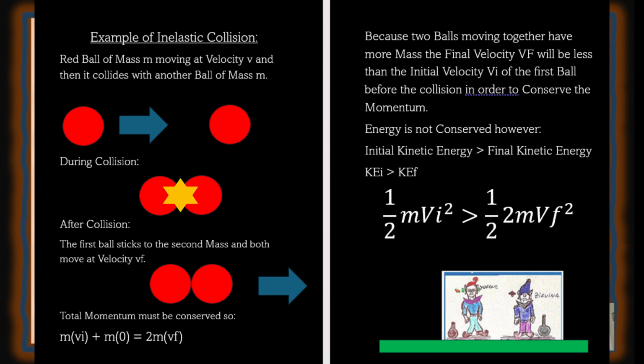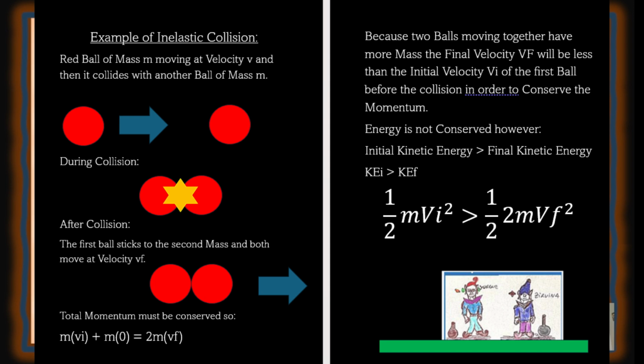Now, because you have two masses moving together, there's more mass, so Vf will be less than the initial velocity Vi of the first ball before collision, in order to conserve momentum. So in order to conserve momentum, the velocity after collision has to be less than the velocity before collision of that one ball, because there's more mass moving, so they have to move slower.